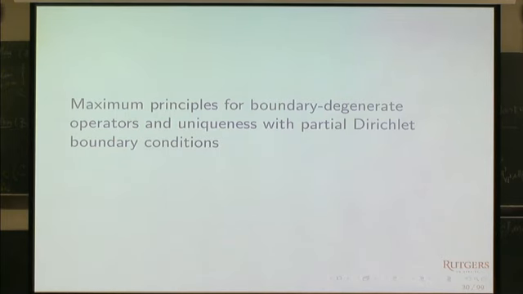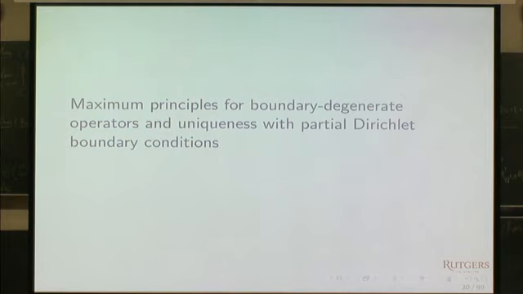So let me talk a little bit about the maximum principle for these problems and why the problem is well posed to begin with. Any of you who have read Fichera's papers or any of his successors will know that there are different versions of the maximum principle for degenerate PDEs.